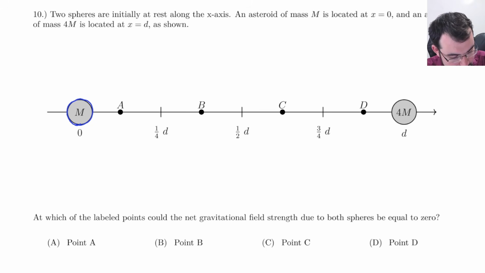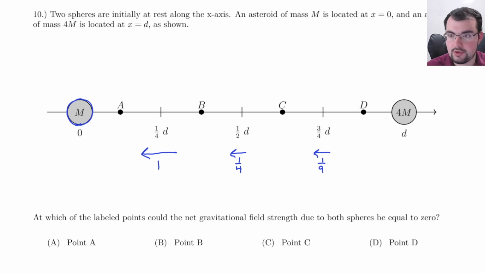So we'll say at a quarter d, it'll have a field strength of 1, 1 on the top and 1 squared on the bottom. Then we double the distance, so instead of 1 on the denominator, it's 2 squared. So that would make a quarter. Then instead of 2 squared on the denominator, we'd get 3 squared, which is a ninth. So that's what's going on with the smaller sphere.